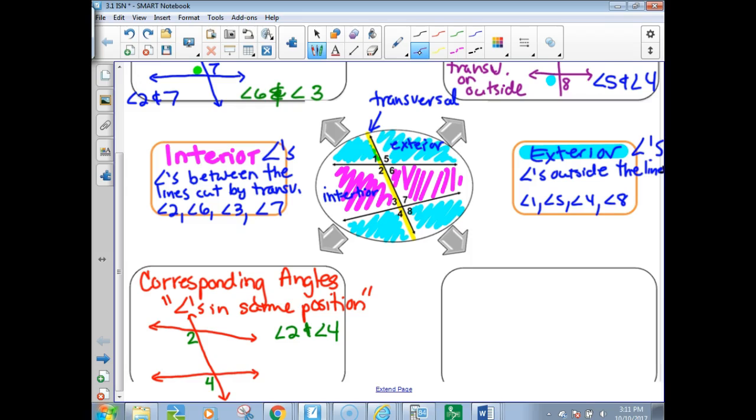What about, see, we got more. If I said angle 1, down it would be here at 3. Angle 5 corresponds with angle 7. I said 2 and 4, I got 6 and 8. Those are all pairs of corresponding angles.